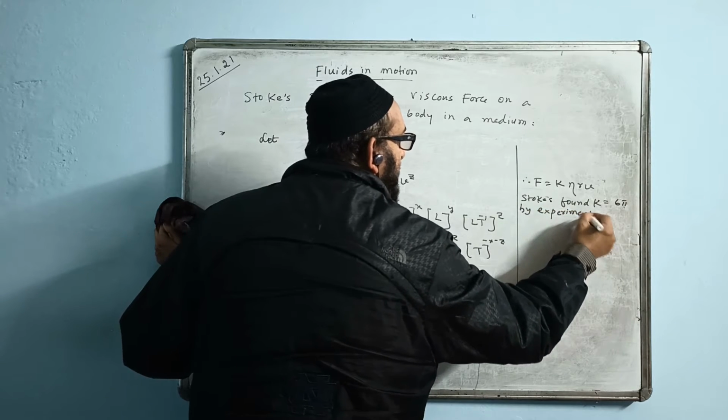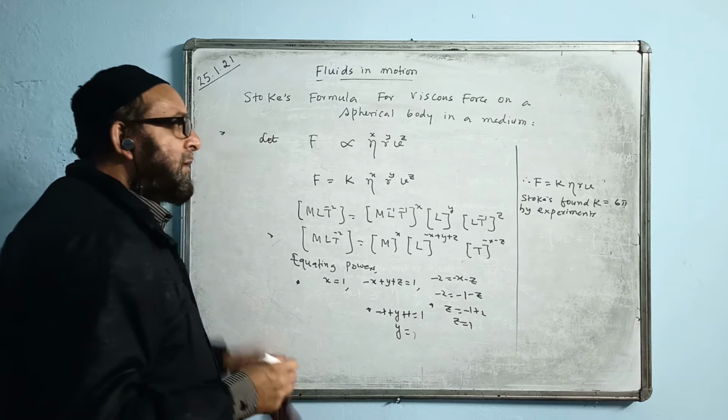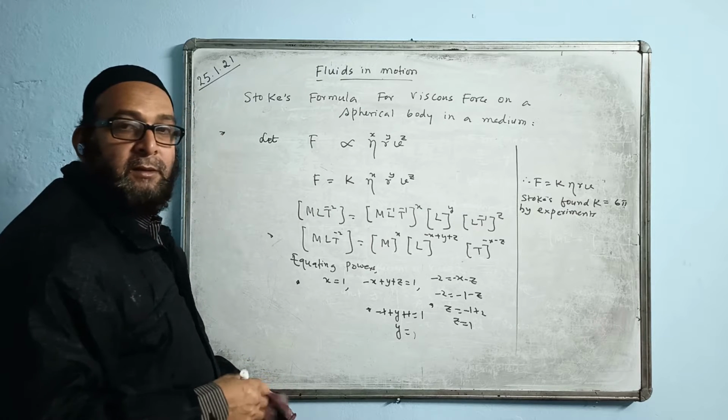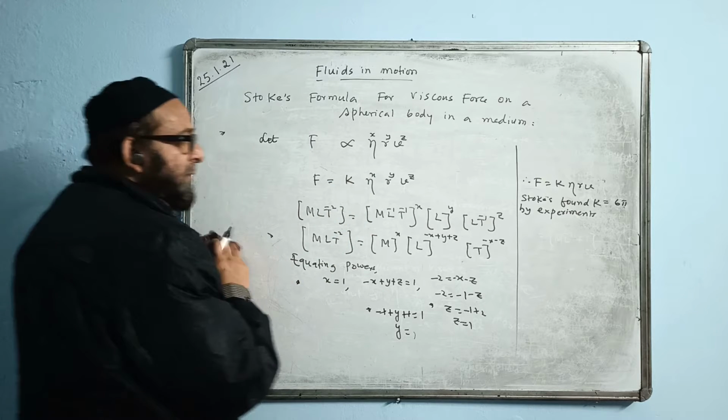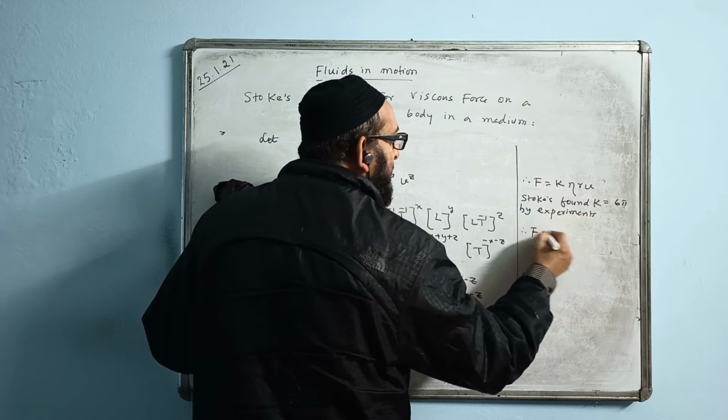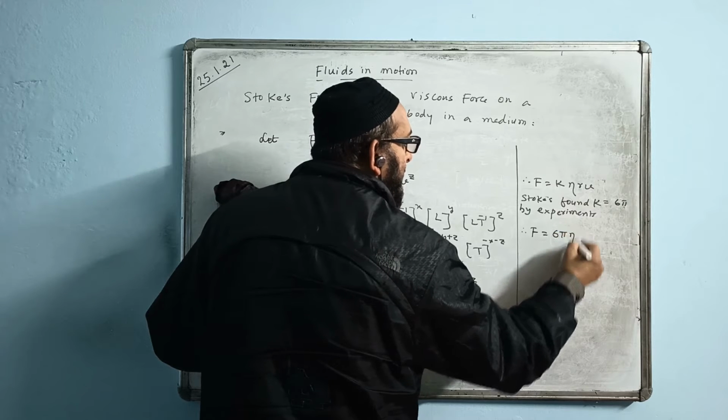About this experiment you don't have to know, you just have to know that Stokes found the constant k equal to 6 pi. Putting the value back, F is equal to 6 pi eta r v.